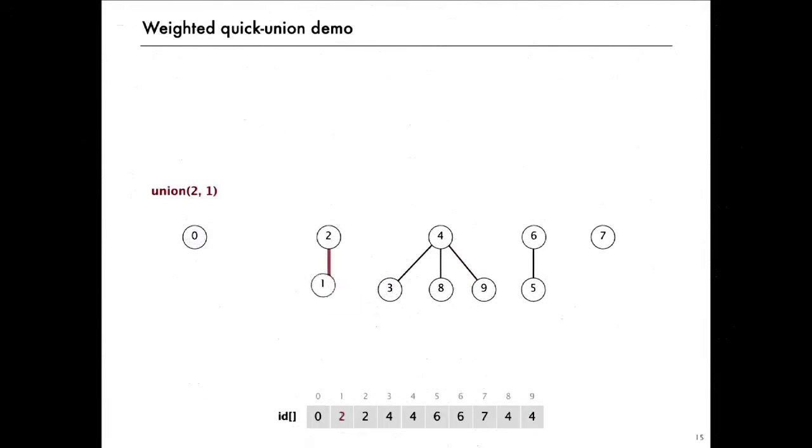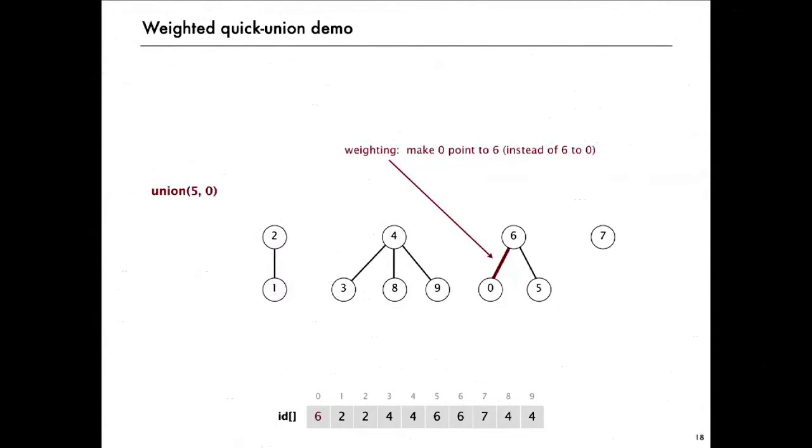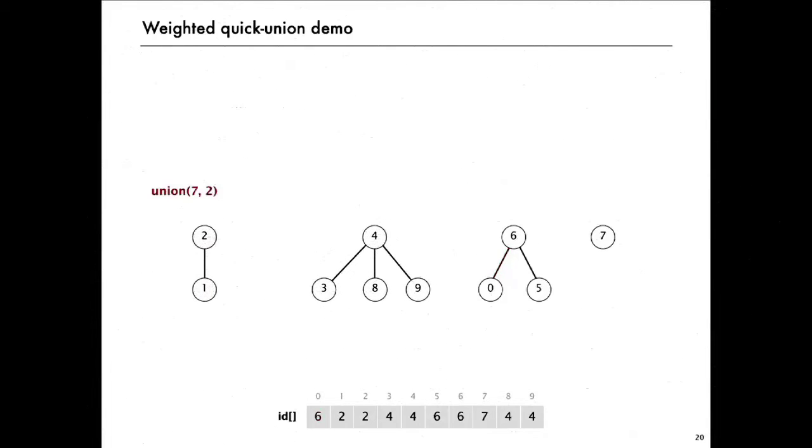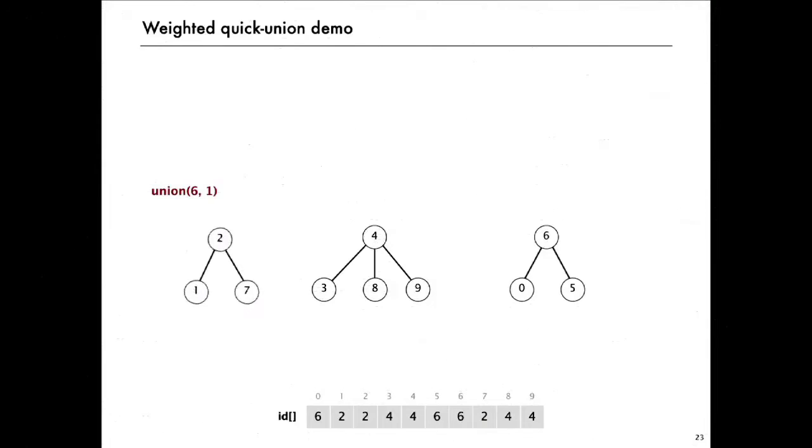2 and 1. 5 and 0. So now 5 and 0, 5's in the bigger tree, so 0 goes below. 7 and 2. 2's in the bigger tree, so 7 goes below. 6 and 1, they're in equal size trees.